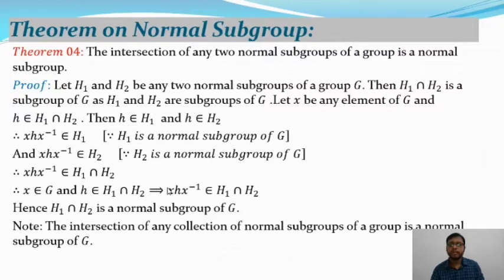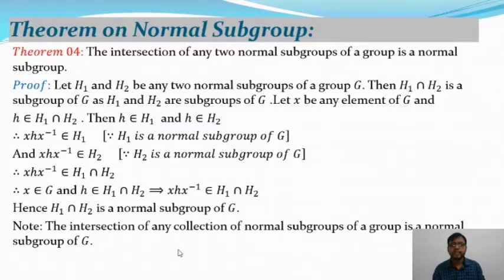This is one of the properties of a normal subgroup. So from this we get H1 intersection H2 is a normal subgroup of G. So we conclude that the intersection of any collection of normal subgroups of a group is a normal subgroup of G. This is the fourth theorem of normal subgroup.